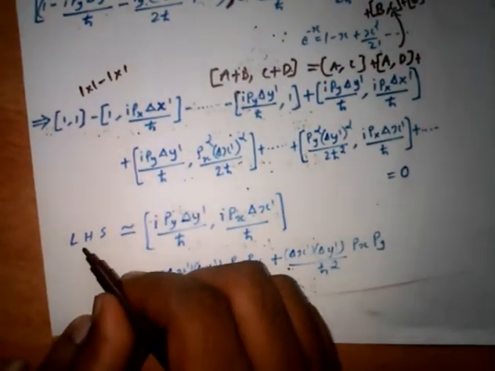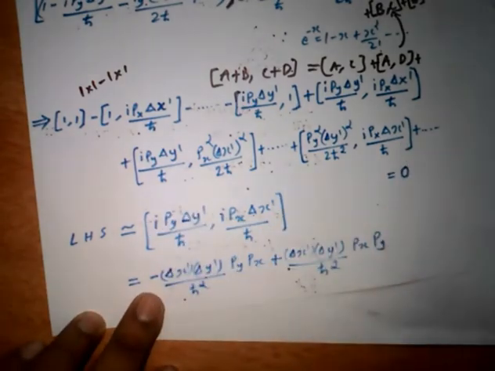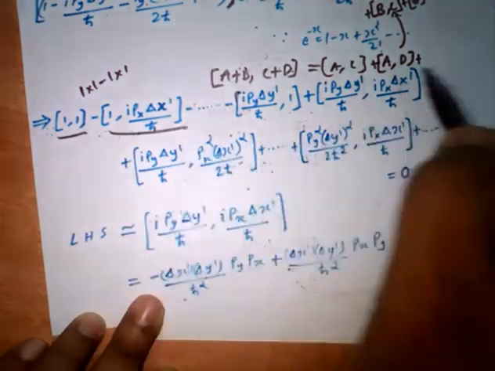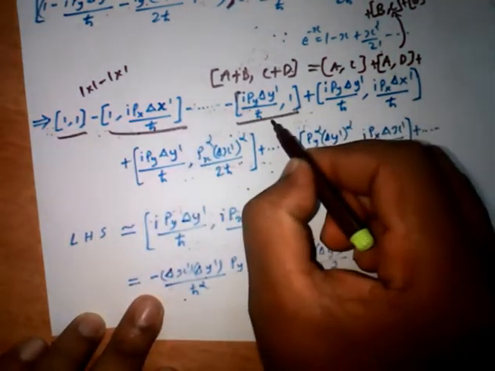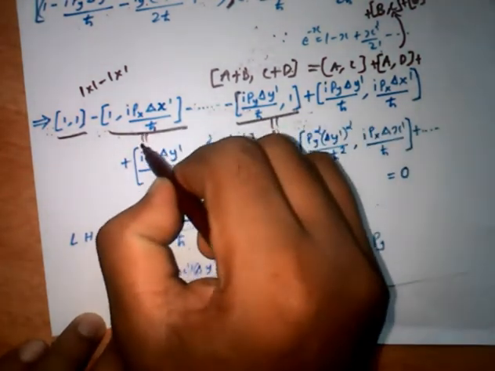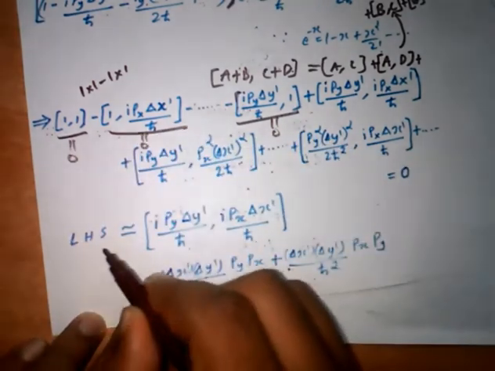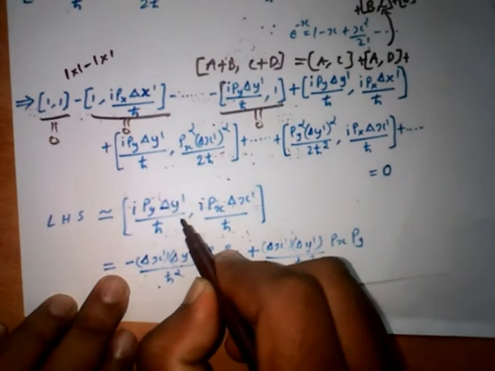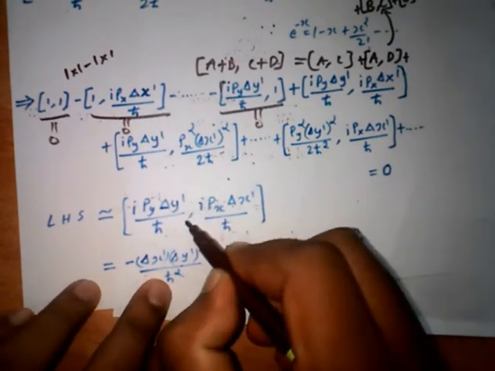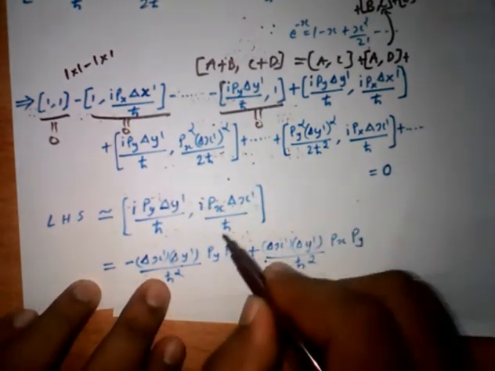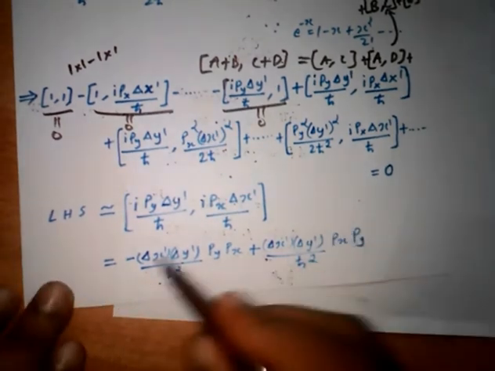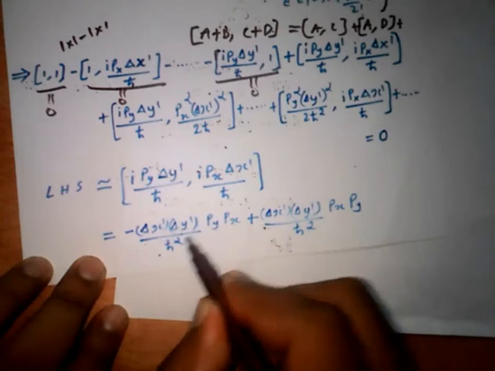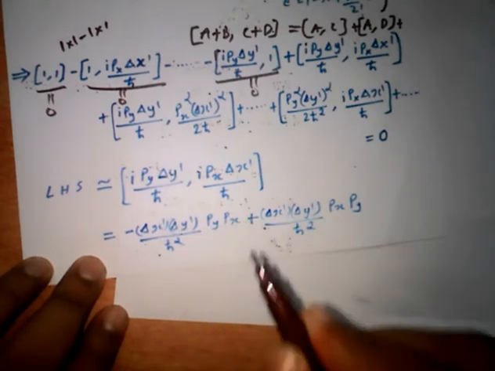So finally, if we skip the second order terms, we will get that this is equal to 0. So approximately we can write [i py δy'/ħ, i px δx'/ħ], that is equal to minus δx' δy'/ħ² [py, px].